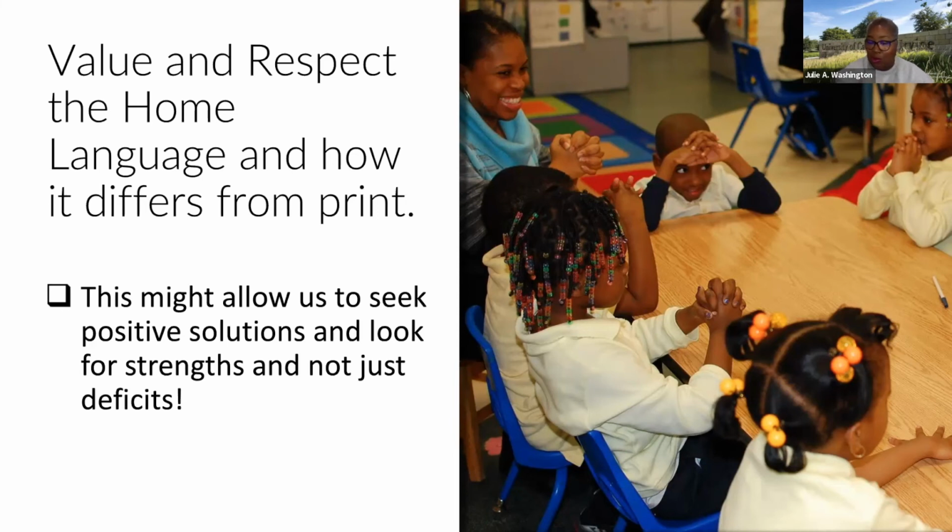And I'm going to make one more point, and then I'm going to stop so you can ask questions. Actually, I want to give an example, and I give this example a lot because it was so informative for me. The only thing missing was a camera. I was in South Africa in a rural area, and we were working with South African students who were 11 or 12 years old.